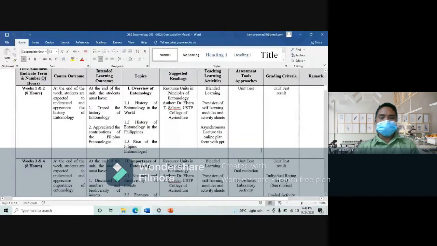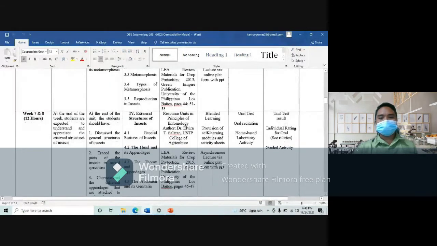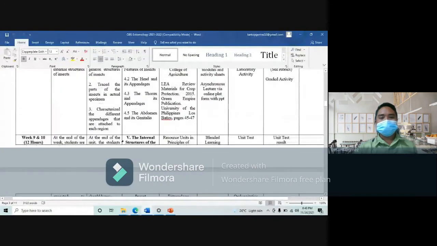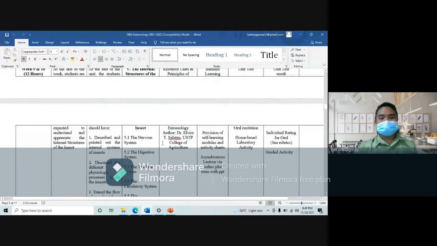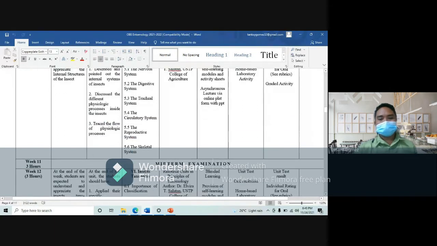So we are done already with the overview of entomology. Mamana sa atong week 1: importance of entomology, insects growth and development, the external structures of insects, and then we have chapter 5, the internal structures of insects. Okay, we have the nervous system, digestive, tracheal, or what we call the respiratory system, the circulatory system, reproductive system, and the skeletal system.